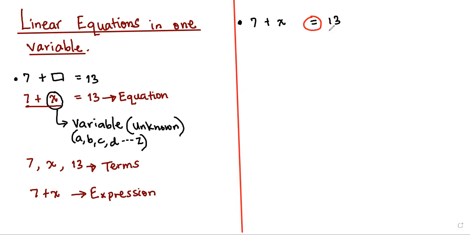The word equation comes from the word equal, to mean that this side that we called the left-hand side is equal to this side that we called the right-hand side.